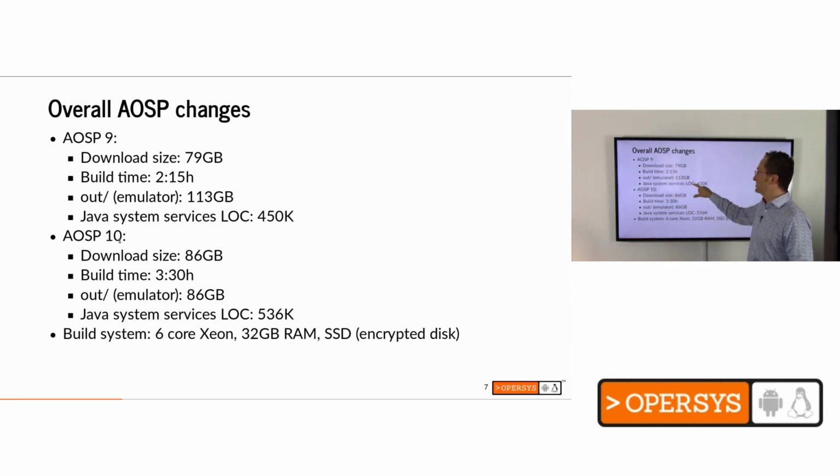And in case you're wondering what that number corresponds to, I usually just go under framework-based services and then follow the path for the bulk of the Java System Services, which are core Java, Android, blah blah blah, and then just do a cat of all the Java files and do a word count with -l to see the number of lines in those. So it's not a super scientific measure, but it gives me an idea from one version to the next. And I believe the previous version was 330 or something like that, or 300 something. So we're gradually increasing here the complexity of the system services, which is not unnatural for an operating system that is evolving over time.